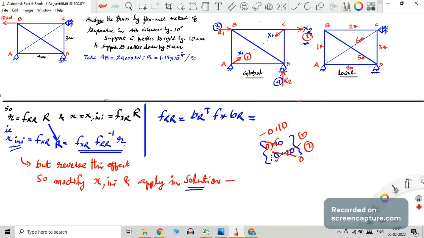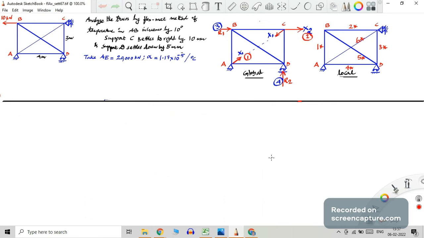Now you need to take the structure back to the indeterminate one. So for that, support C has to be arrested, so make the value 0 for that. That is, the value in coordinate 2 has to be cut to 0, and the other has to be modified to the reverse sign. So that is the principle.